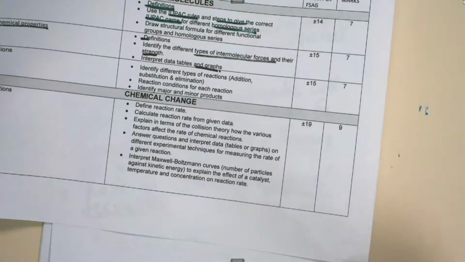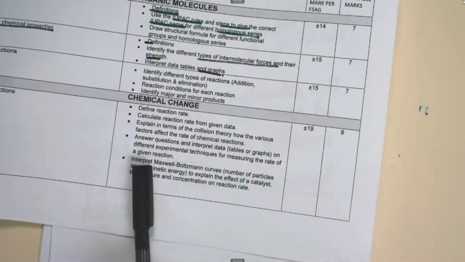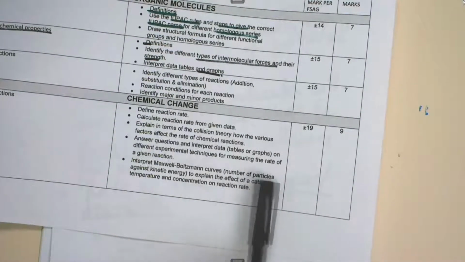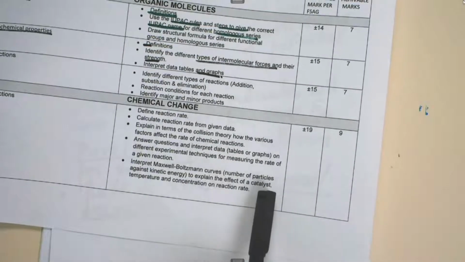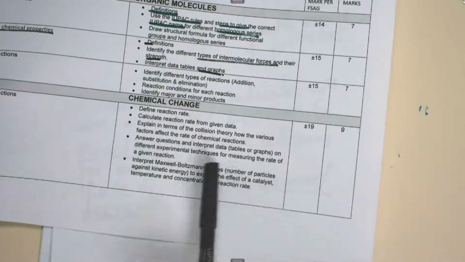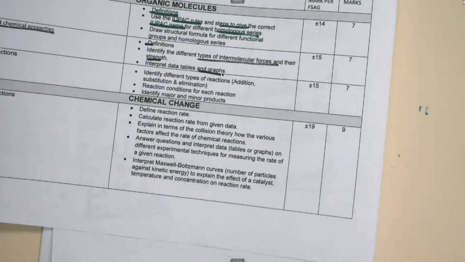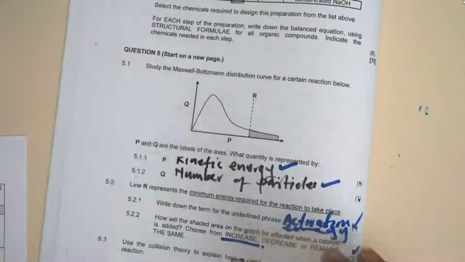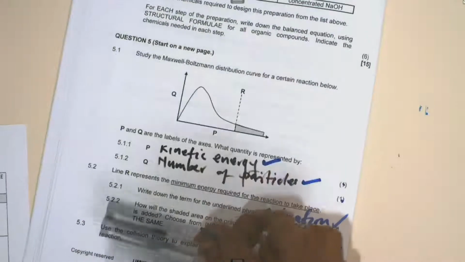So that is exactly what we have done. And as part of the achievables as well, interpret the Maxwell-Boltzmann curve, the number of particles against kinetic energy. Explain the effect of catalyst, temperature, and concentration on the rate of reaction when using the Maxwell-Boltzmann distribution curve. So these achievables are what was assessed from 5.1 to 5.3.